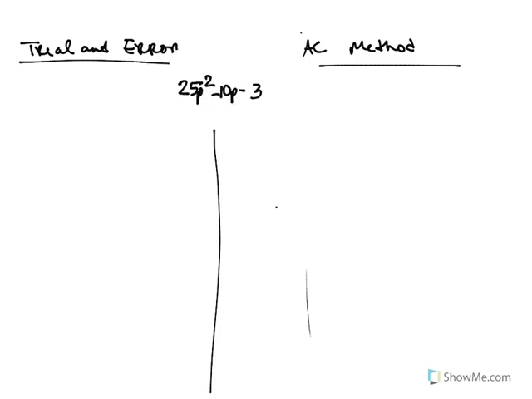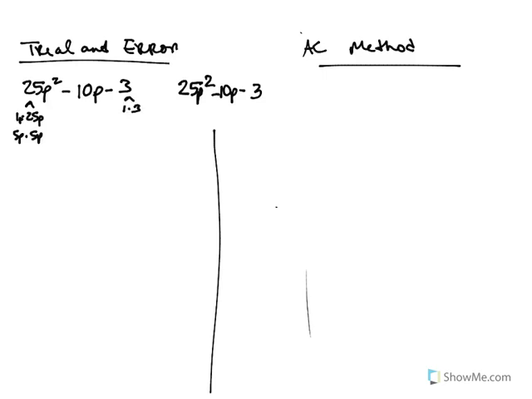Okay, 25p squared minus 10p minus 3. We know we're doing two sets of parentheses. So what are our options for 25p squared? 25 and 1, or 5p and 5p.